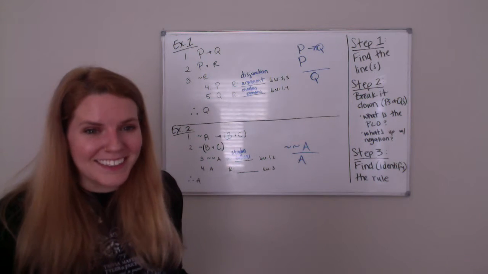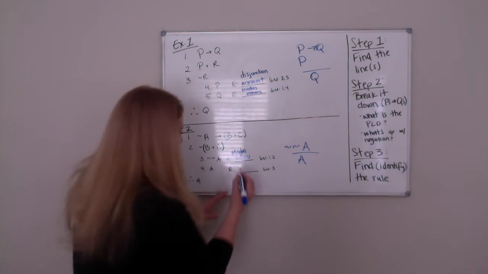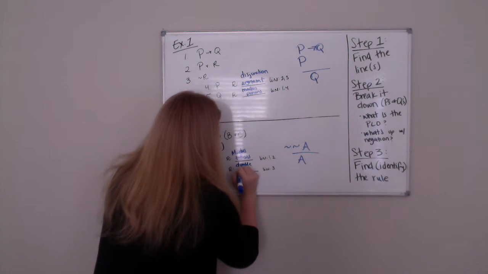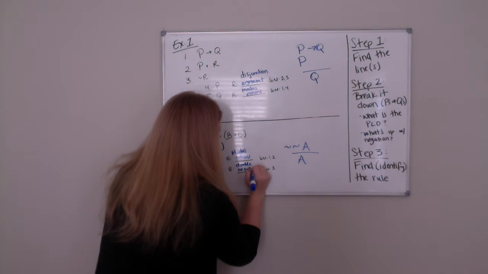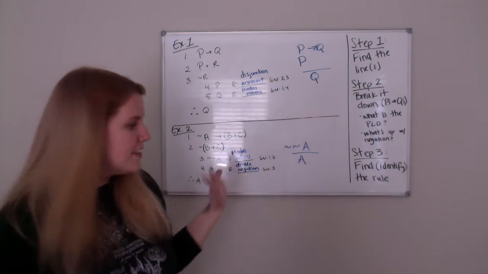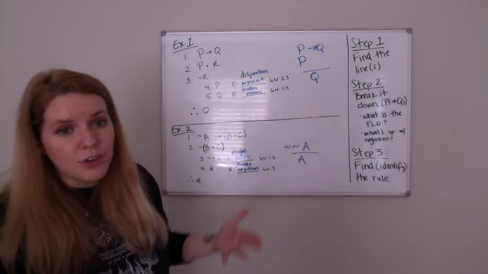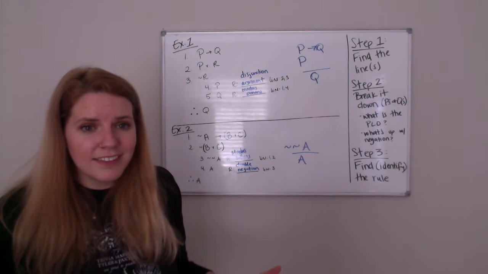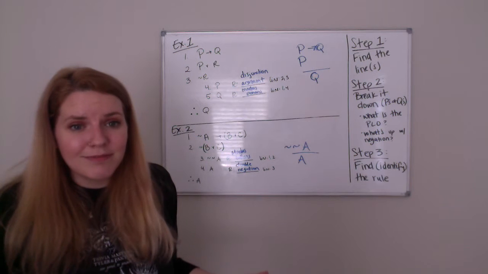Yes, double negation. It's called double negation, so that helps. That's an easy one to remember. Double negation tells you that whenever you have two negation signs, you can simplify that to no negation. If I say it's not not Monday, that's like saying it's Monday.